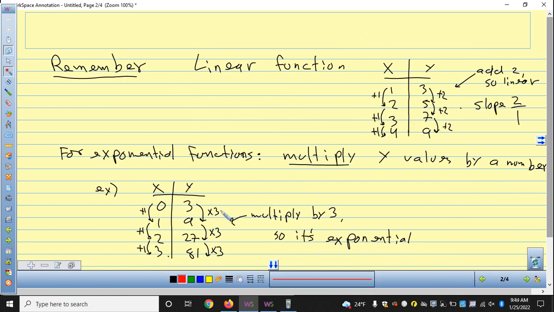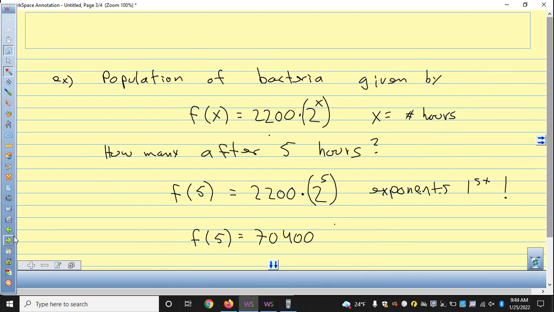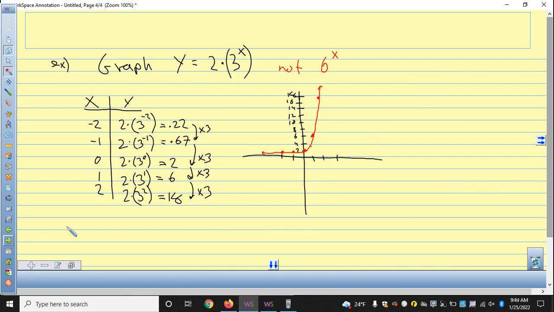And your y values, you should be able to multiply by a constant number on your y's to tell if you have an exponential function. All right, questions?